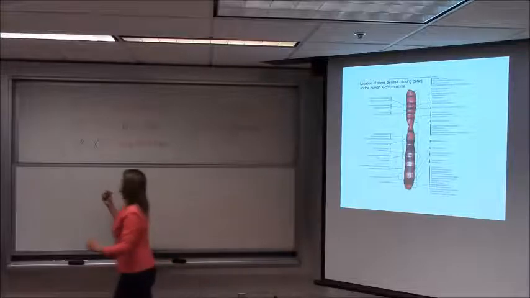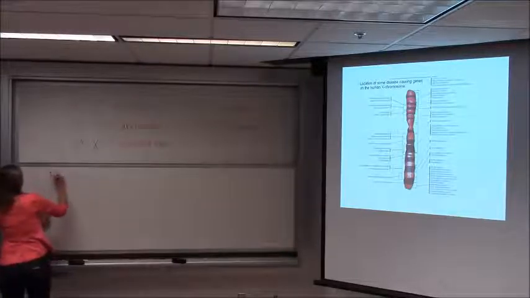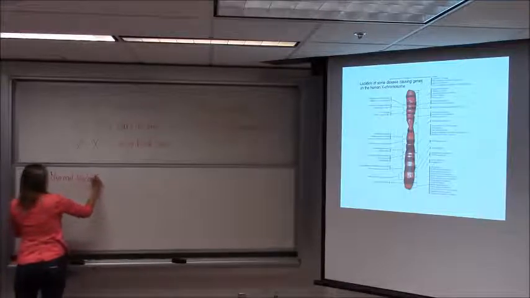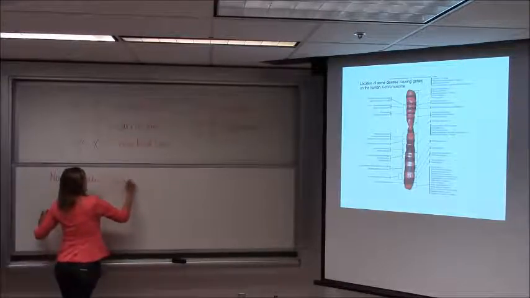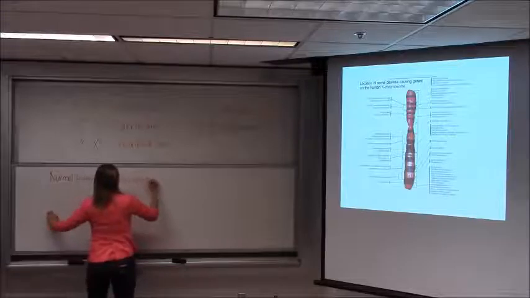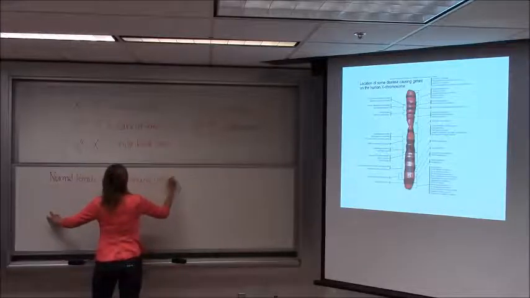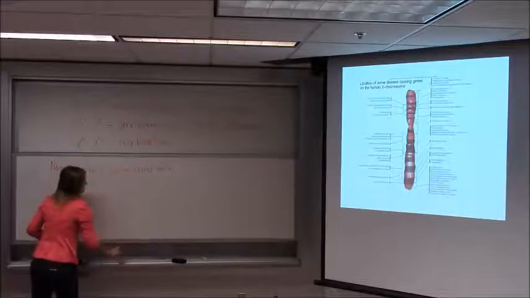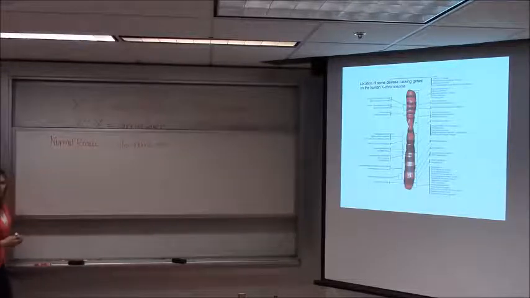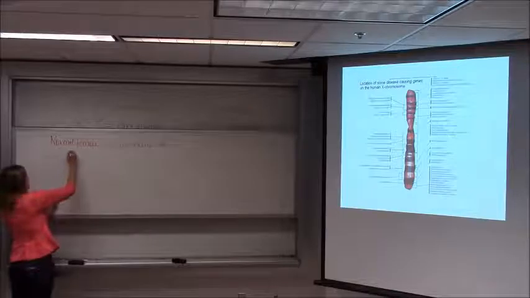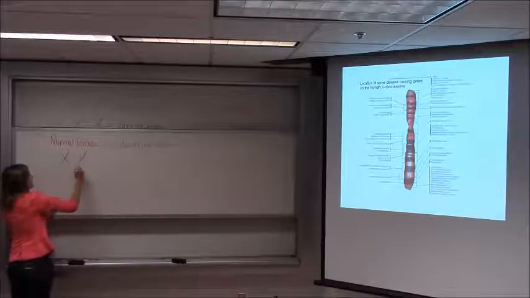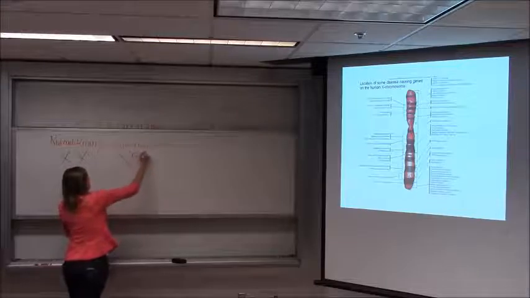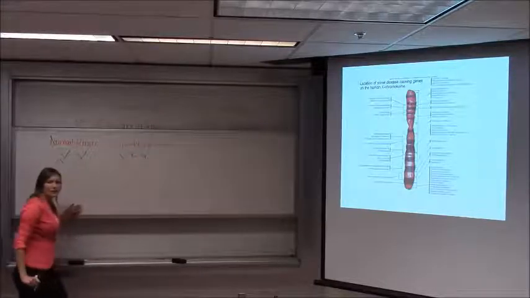Let's do normal female with regards to colorblindness times colorblind male. Okay, what would the genotypes be? Normal female means no colorblind allele on either X. Colorblind male, that's his genotype.